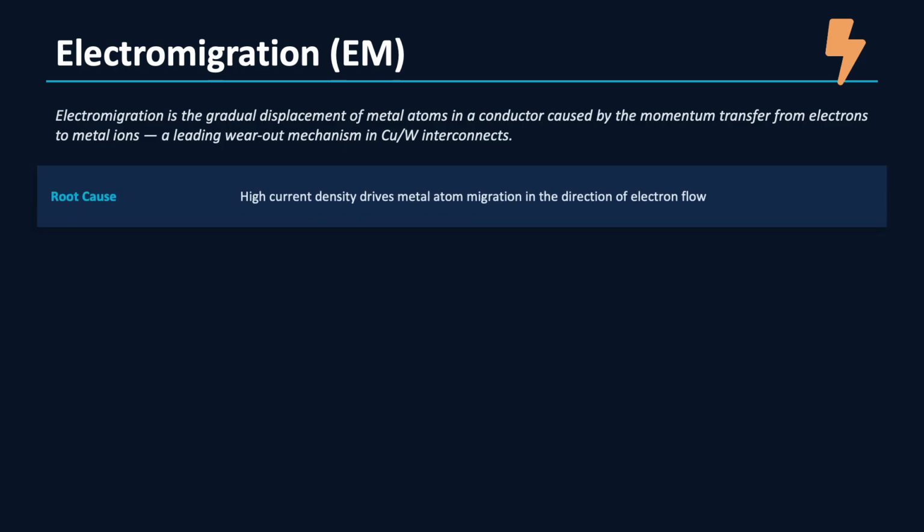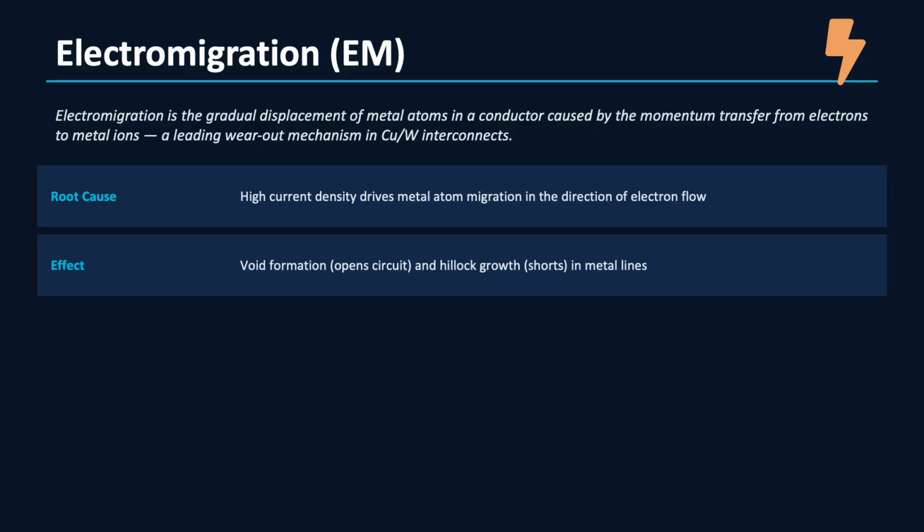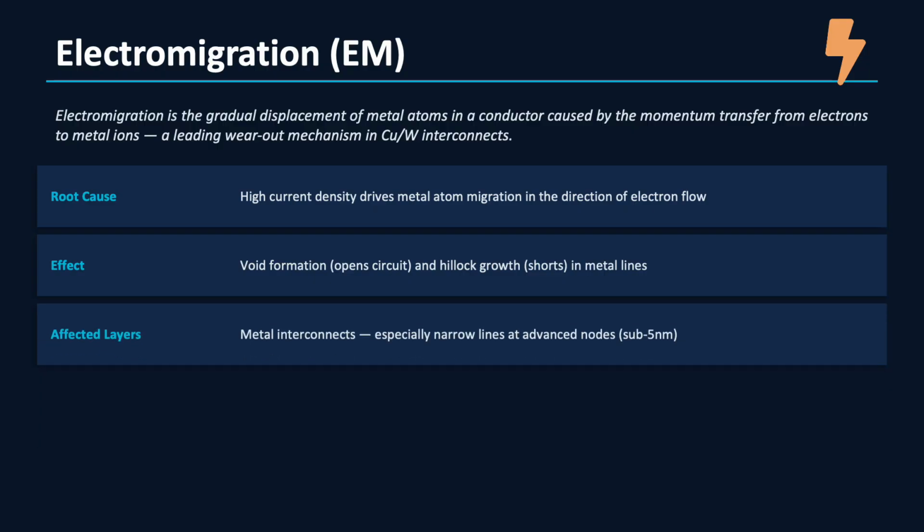Root cause: high current density driving metal atom migration in the direction of electron flow causes electromigration. As an effect, either voids are formed, causing open circuit at one place, or hillock growth is found at another, causing shorts in metal lines.